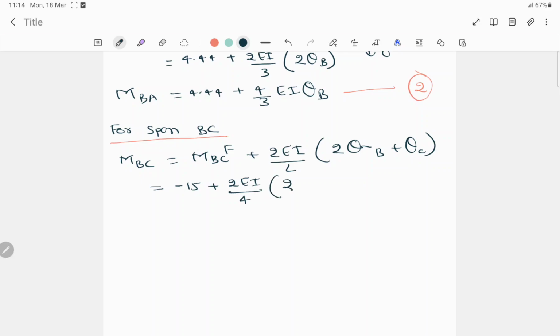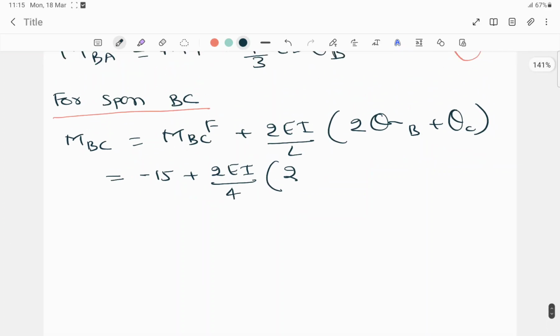It's not fixed, so we'll have some values here.